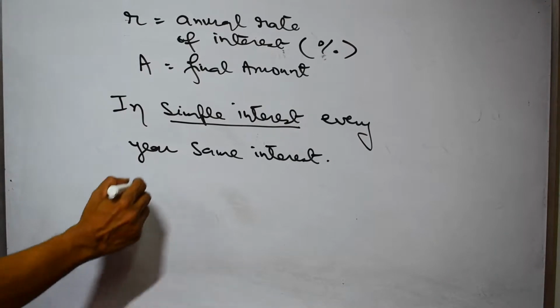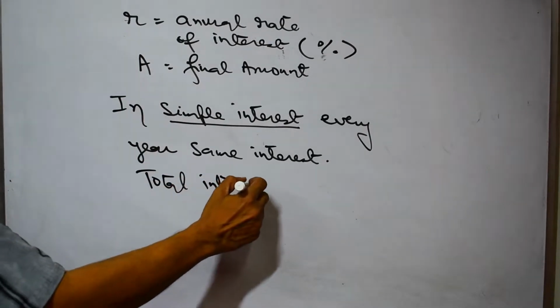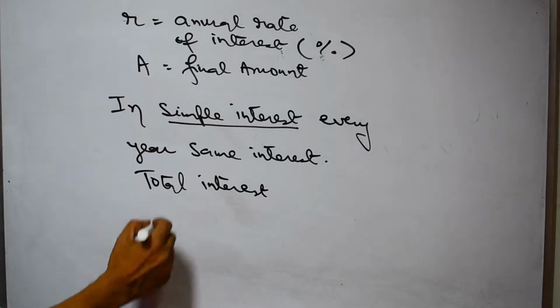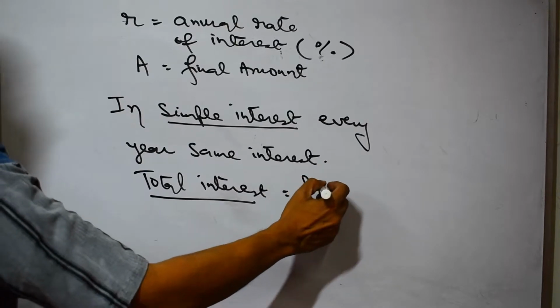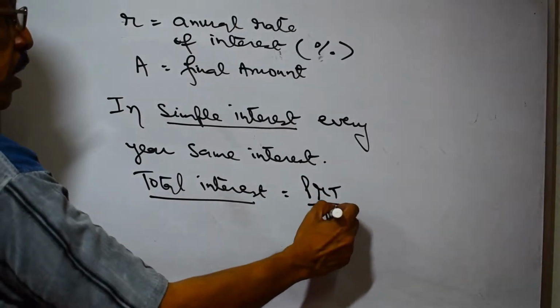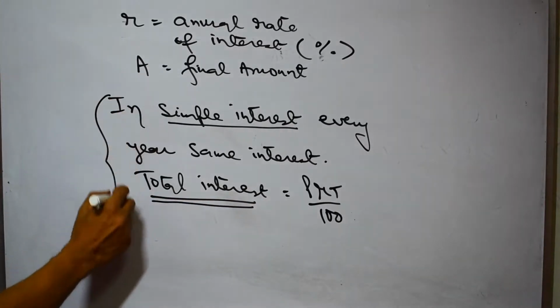Total interest for simple interest is calculated with the formula PRT by 100. So this is the basic idea of simple interest.